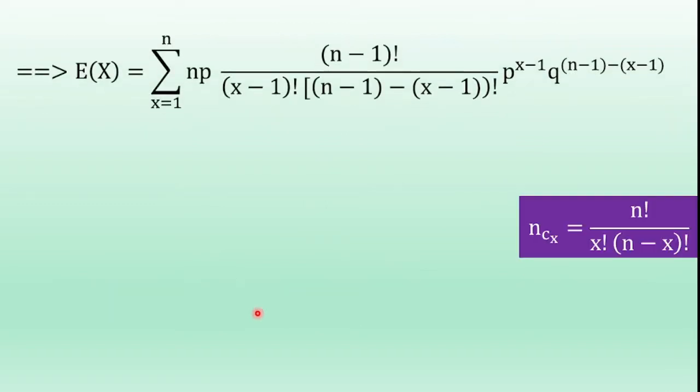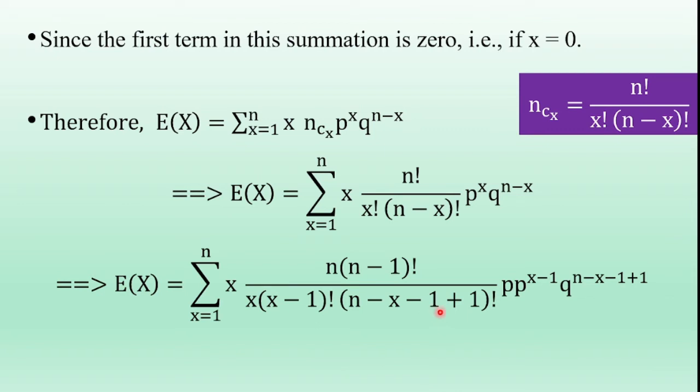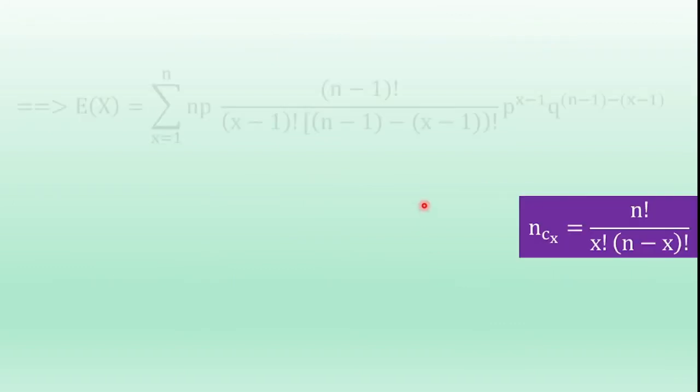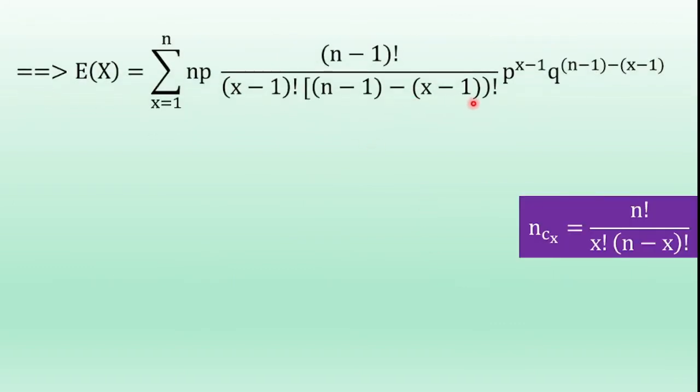The remaining RHS term is sigma x equals 0 to n, np into (n minus 1) factorial by (x minus 1) factorial into ... n minus x minus 1 plus 1 is written as n minus 1 minus (x minus 1), factorial, into p power x minus 1 and q power n minus 1 minus (x minus 1).